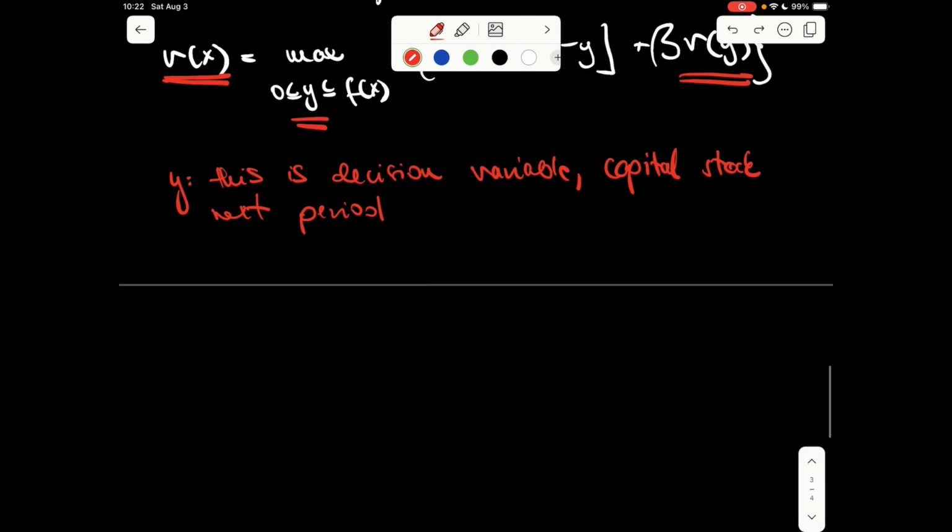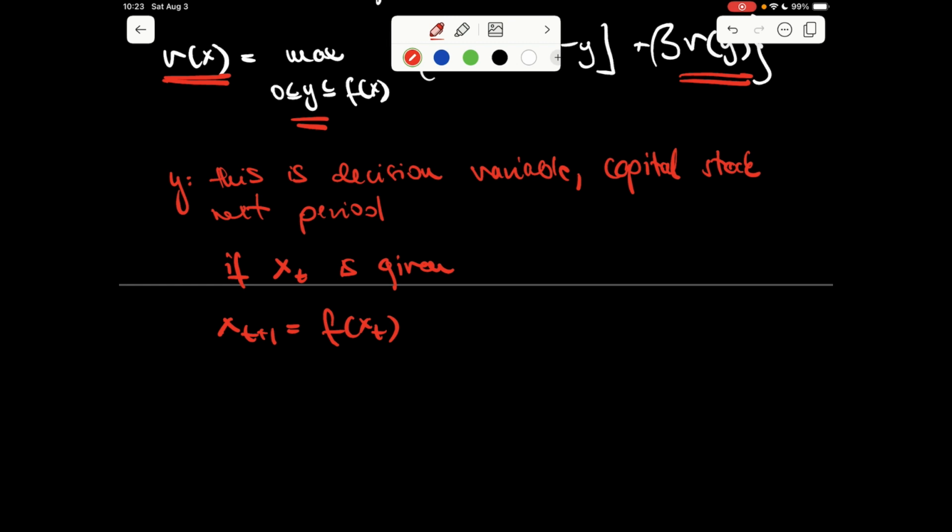If we have the capital stock this period as given, so if we have a certain capital stock, then capital stock next period depends only on consumption.